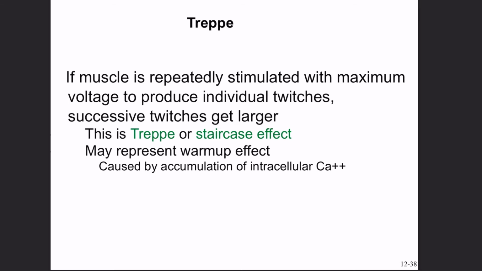That stepwise fashion that we spoke about, where there is summation of individual twitches that get larger and larger, this is called treppe. And the reason why there is summation is because there can be accumulation of intracellular calcium within the muscle fiber, which is allowing the twitch to get larger and larger.